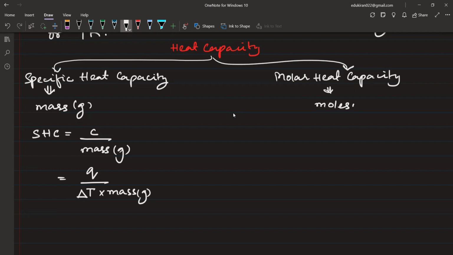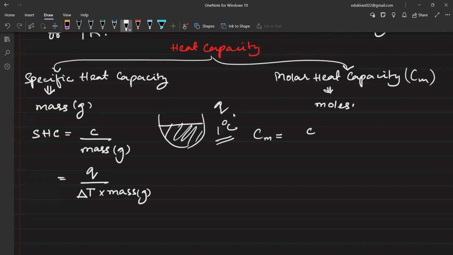Now, molar heat capacity is written as C with a subscript of M. So molar heat capacity will be equal to whatever heat capacity you have measured. That means the heat change. You took a big vessel, took water, and measured what is the heat required to change the temperature by 1 degree Celsius.